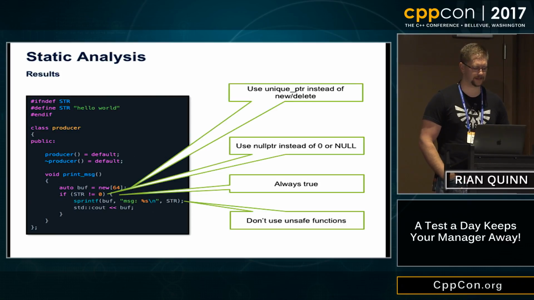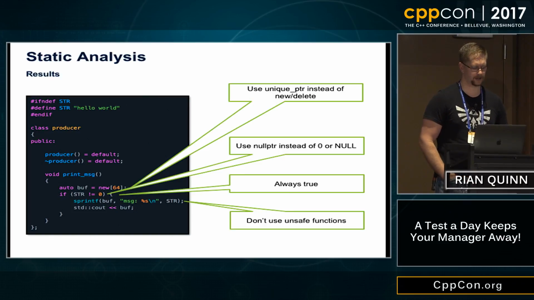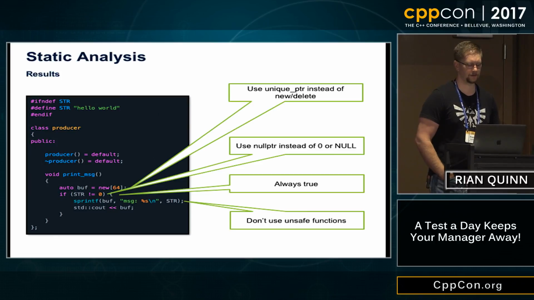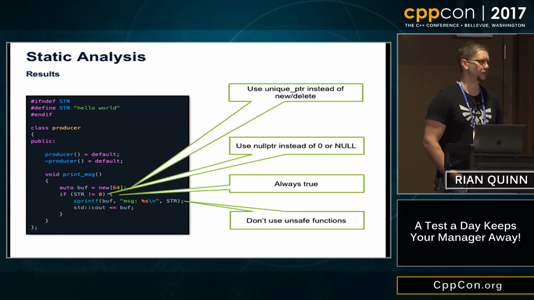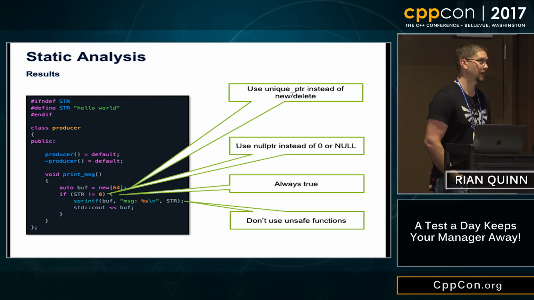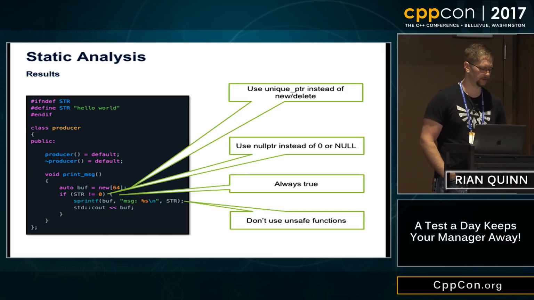This is due to the fact that that is a runtime check instead of a compile time check. Therefore, the runtime check will always be true, or it will always be false. It's based on how the code is actually compiled and not how it runs. And the static analyzers will actually find that and tell you that this is always true, it's useless code. And I believe Clang-Tidy's performance checks will find that for you. But there are other ones that'll do it too.